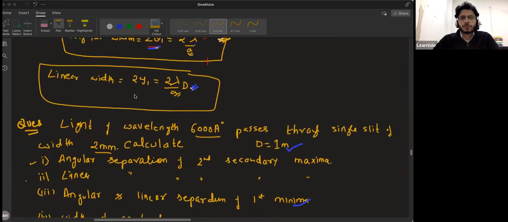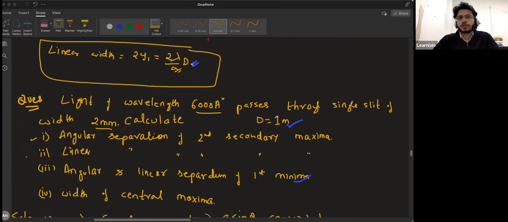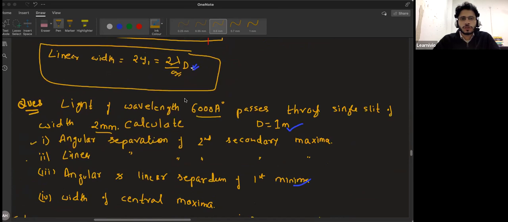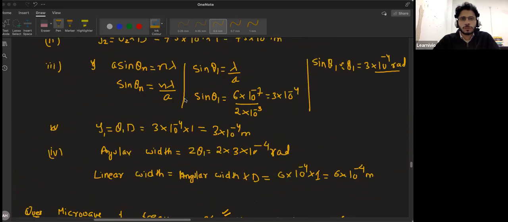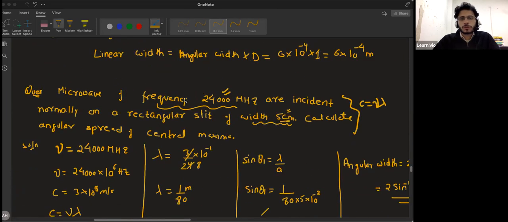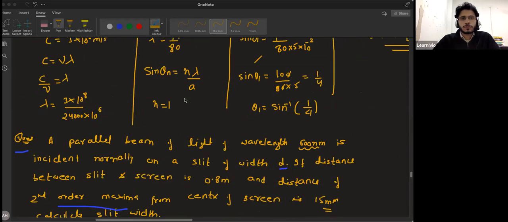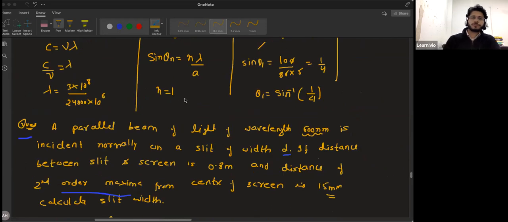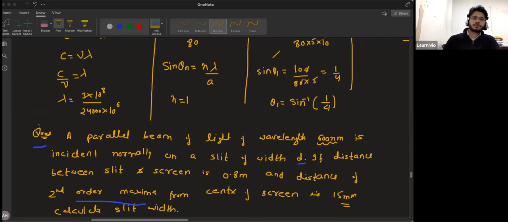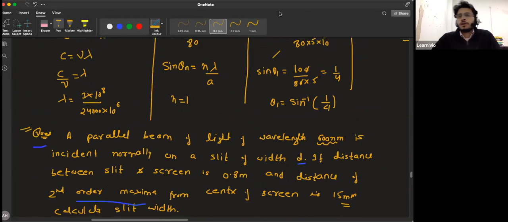Well, this will be a straightforward thing. If you need width of central maxima, then you use this relation only. Let's do another. Do this one. Double slit experiment means interference.